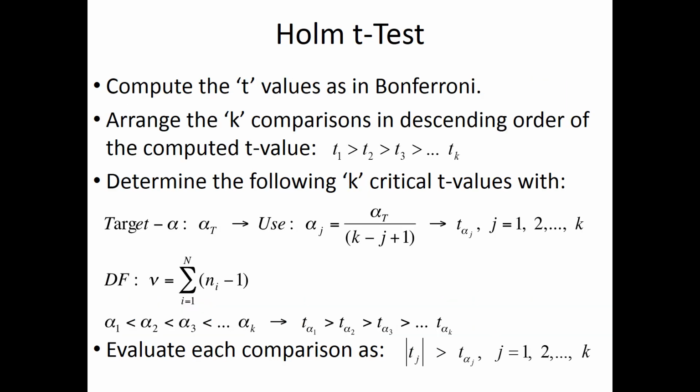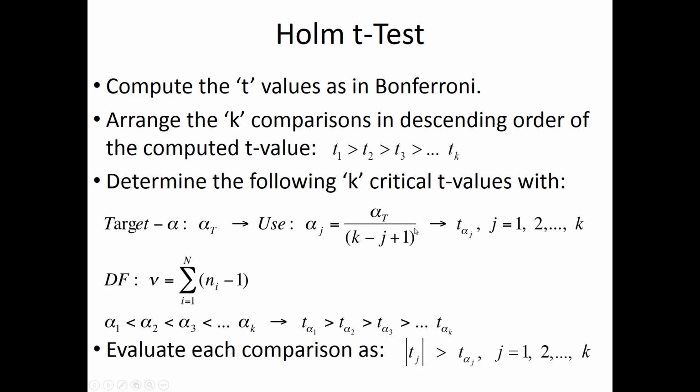Another way of compensating for multiple comparisons is through the Holm compensation, or Holm t-test. In this case, we compute the t-values as in Bonferroni, except this time we arrange the comparisons in descending order of the computed t-value. The threshold t-value used to compare with each comparison is calculated by the number of remaining comparisons.